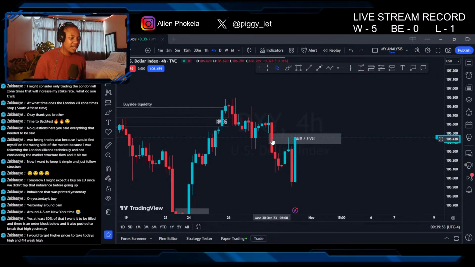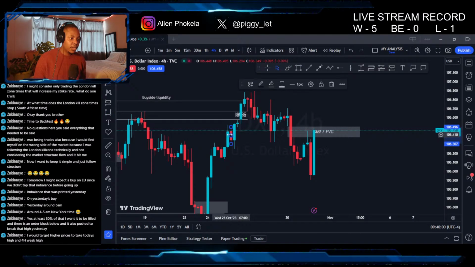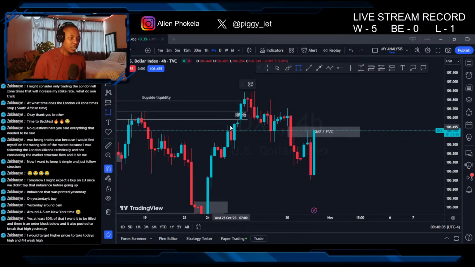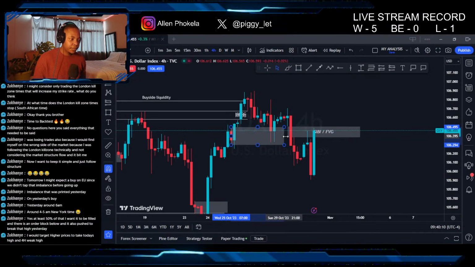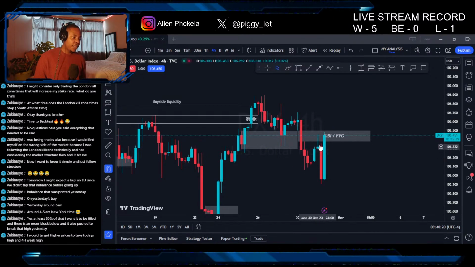Price broke below, taking out, also using this order block here. Price came in, tried to respect it. As you can see, it tried to push higher, and then we failed, broke below, and then we went down.